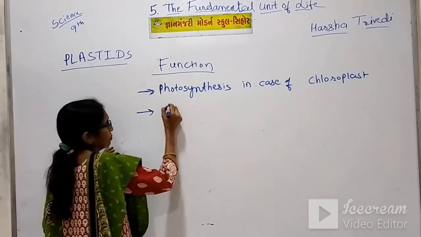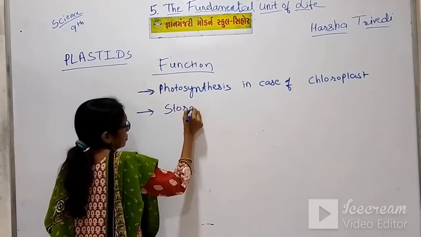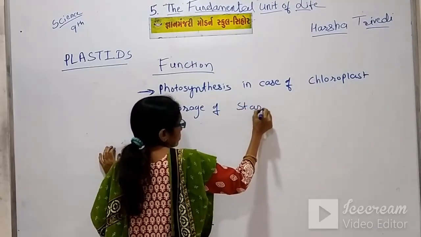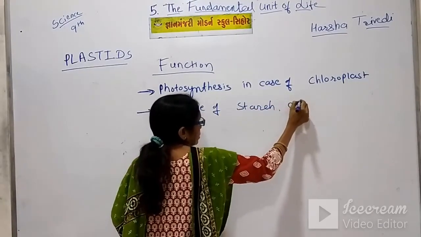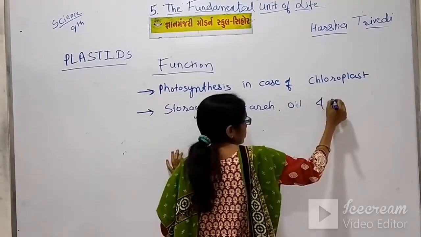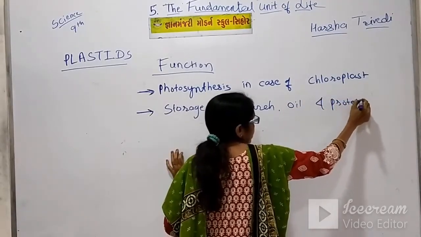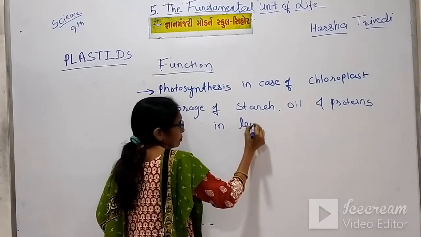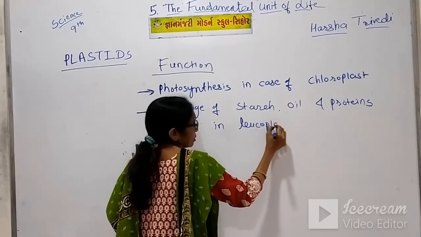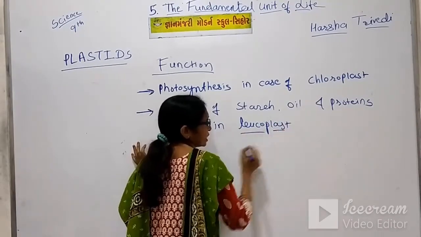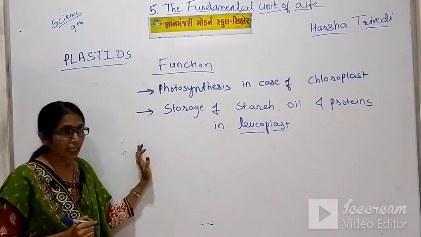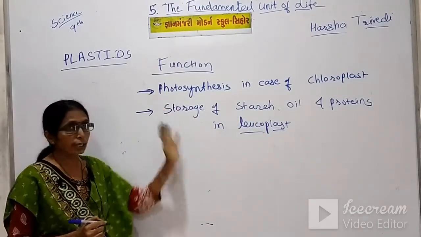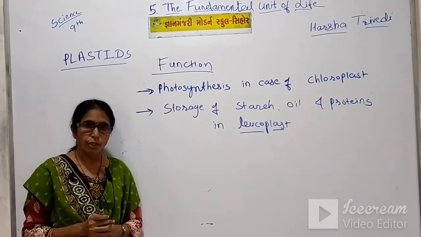And number 2, storage of oil, starch and proteins in leucoplast. Leucoplast, which is white in color or colorless, in that storage of starch, oil and protein is there. So these are two main functions of plastids.